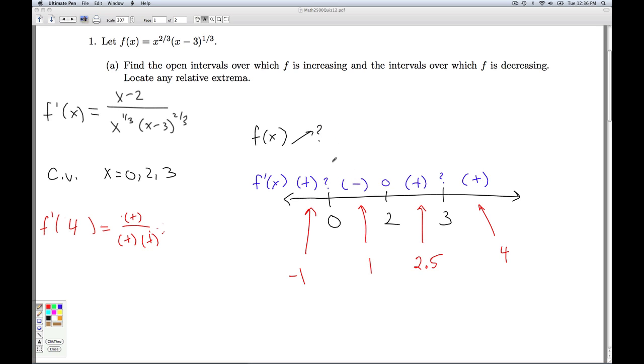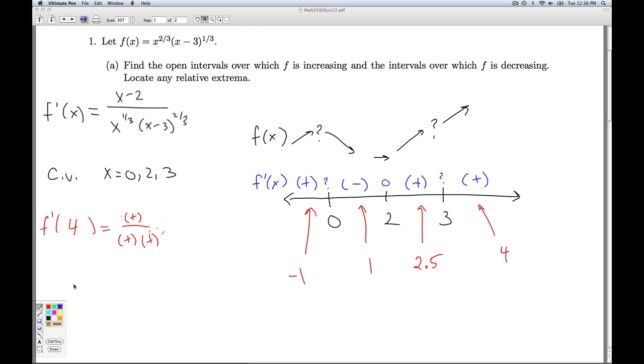But then, whatever happens there, the derivative starts to decrease again, till it gets down to 2. Now at 2, the derivative is 0. That means I have a horizontal tangent line. And then at that point, it starts to pick up again. Something strange happens at 3, but beyond 3, it keeps increasing.